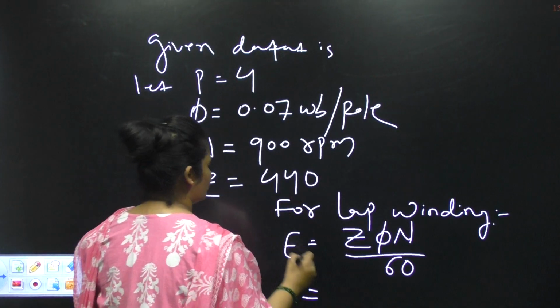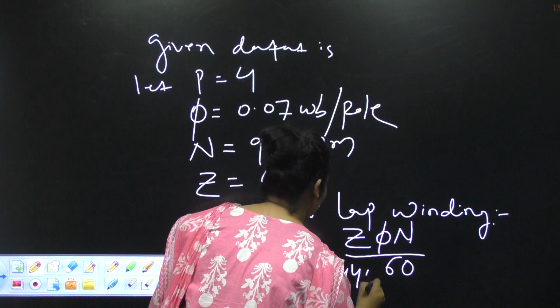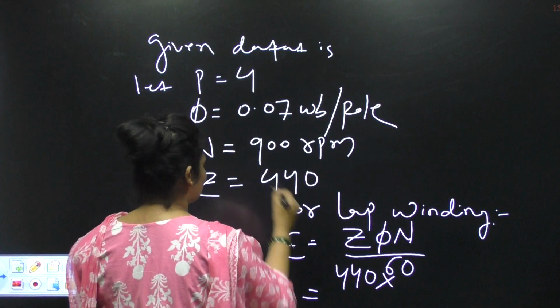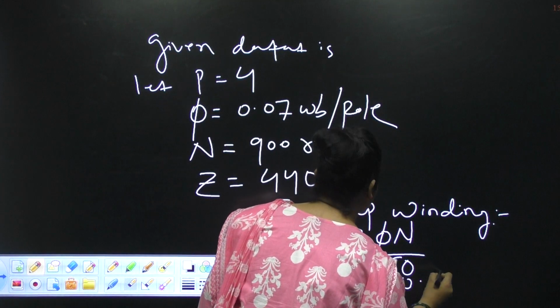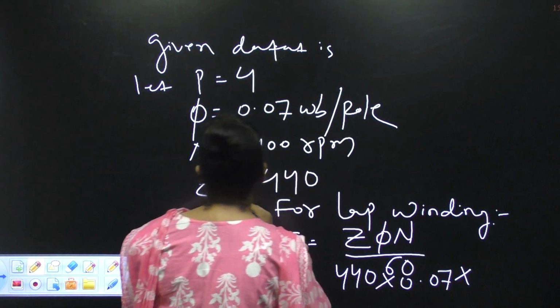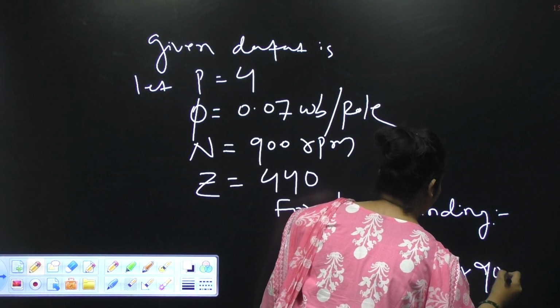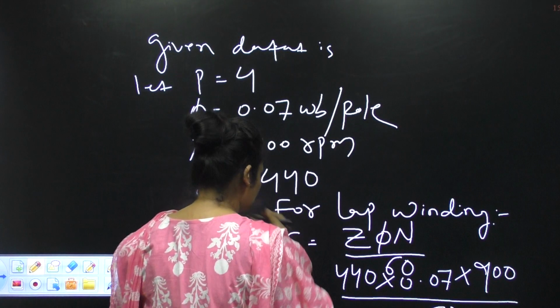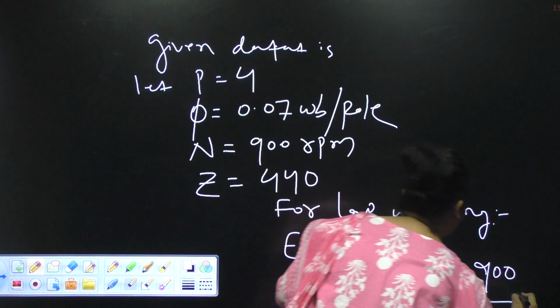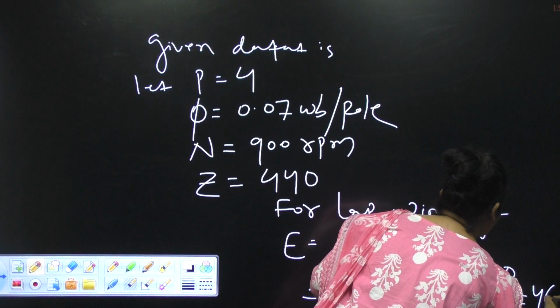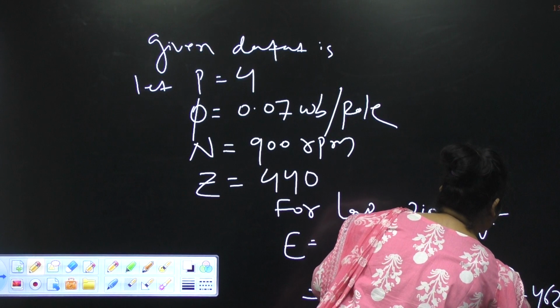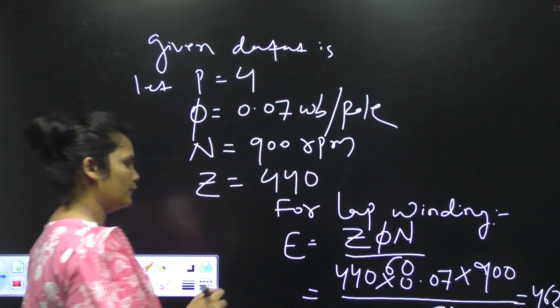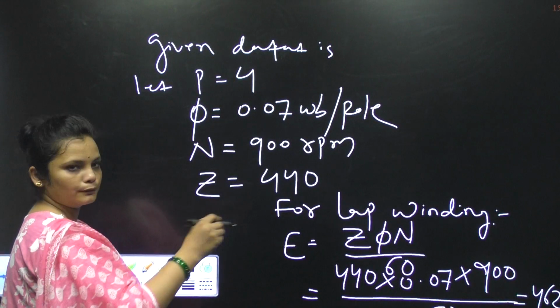Z is 440 into phi is 0.07 and N is 900 by 60. After solving this, we get 462 volt. The unit of EMF is volt.